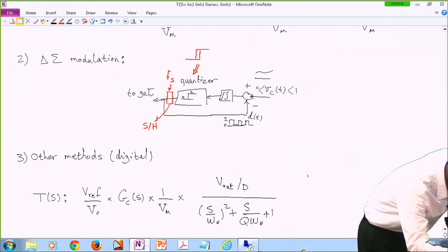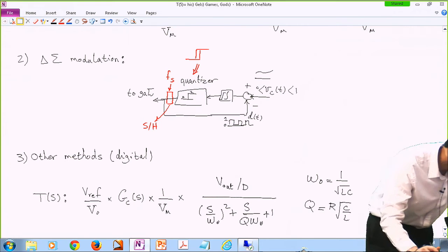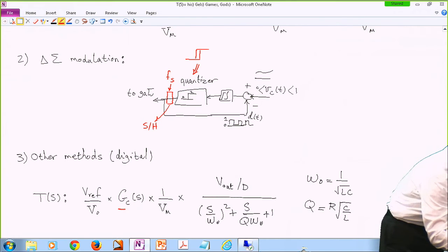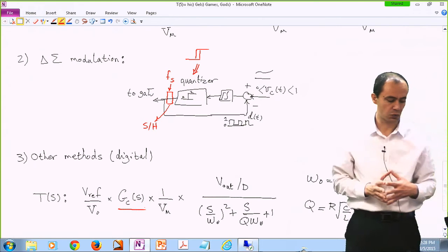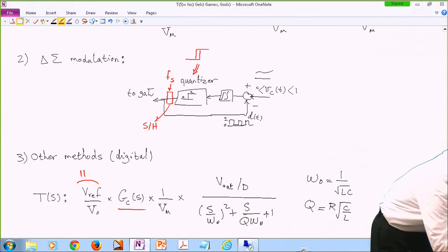All right, and omega naught is, all right. So our objective is to see what this guy should look like. So this is for the Buck. So this is H of S. This is GM.